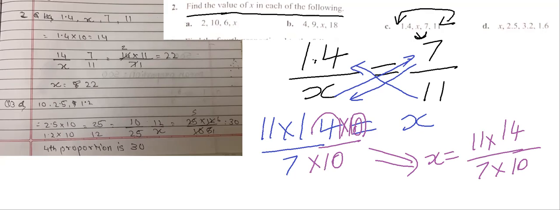Now 7 ones are 7, and 7 twos are 14. So 11 twos are 22. 22 divided by 10, so the answer will be 2.2. This point will come here. So 2.2 will be the answer.